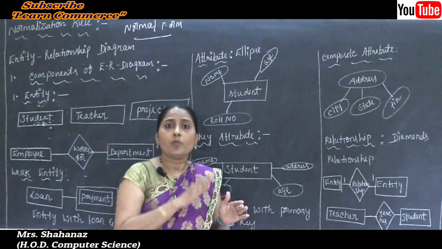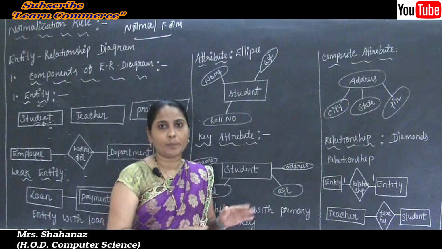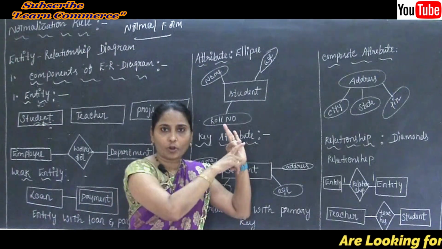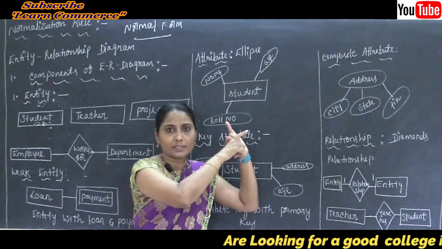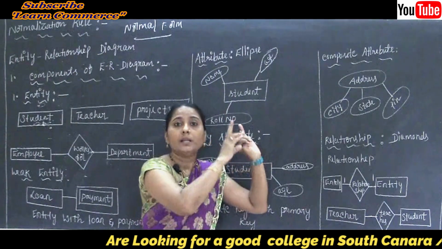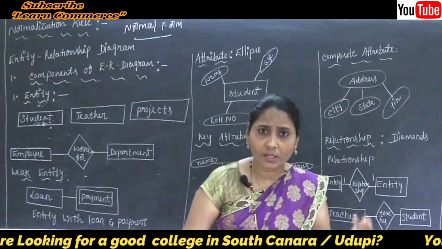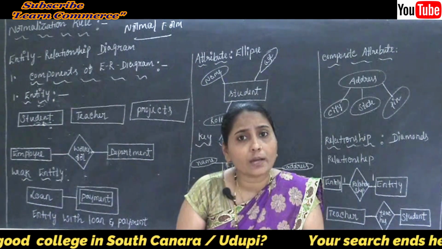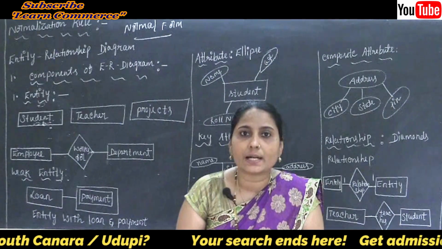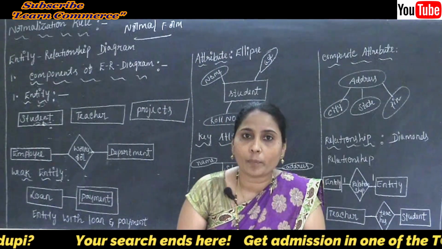And if the first three rules are observed, the first normal form, second normal form and third normal form, the database is considered to be in third normal form.